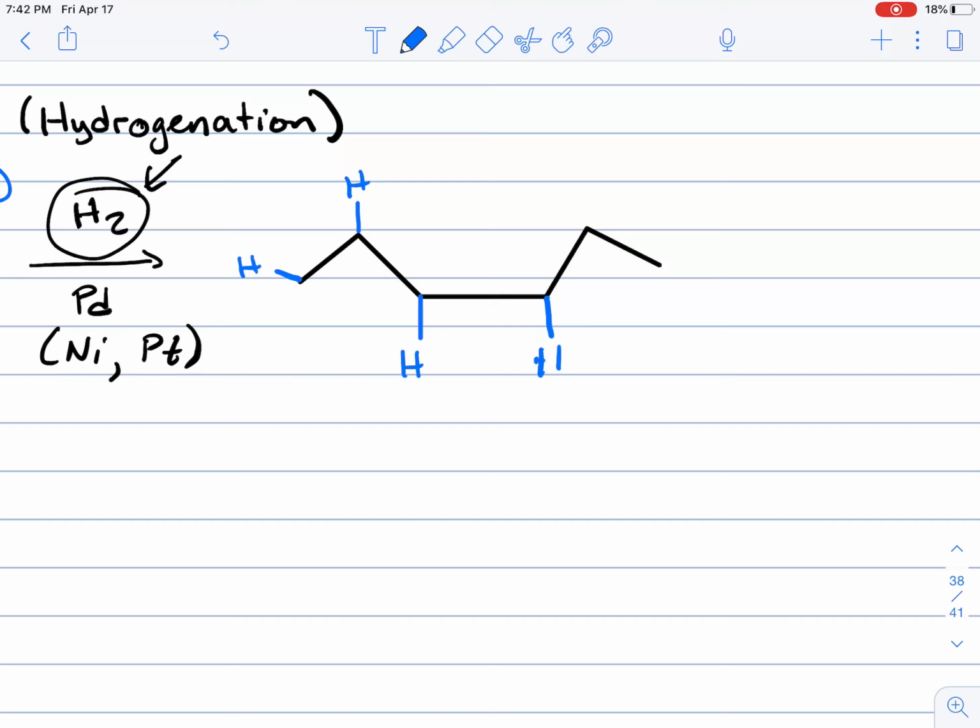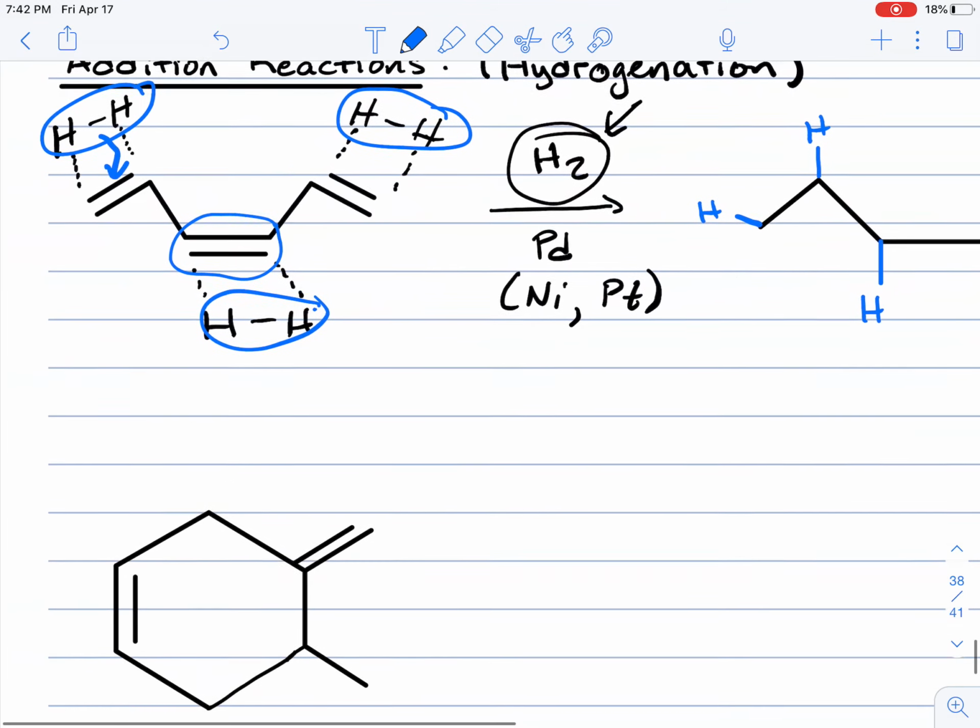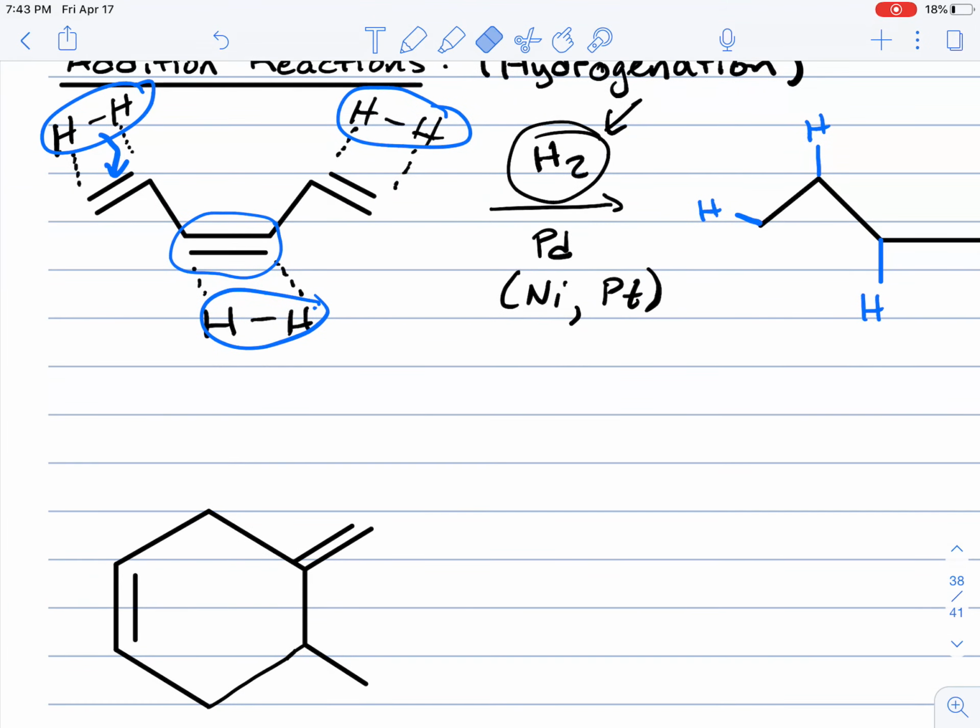And so the reason why it goes away is because of the electrons, right? So let's think about this. The electrons that create that double bond get destroyed, they go back to their original owner. Remember, there's 2 electrons per bond, and so 1 electron goes to one of the carbons, and the other electron goes to the other.